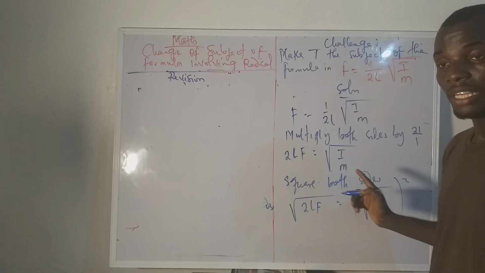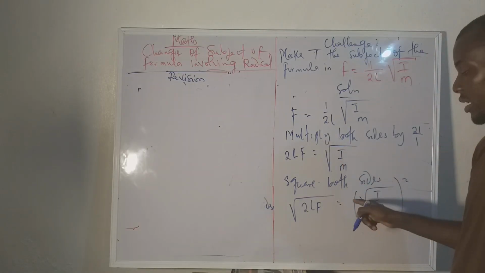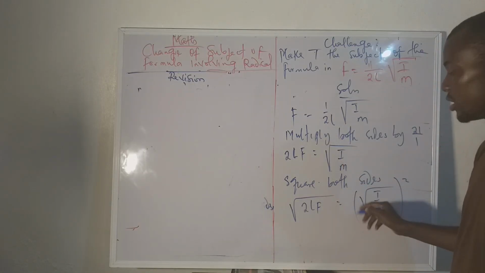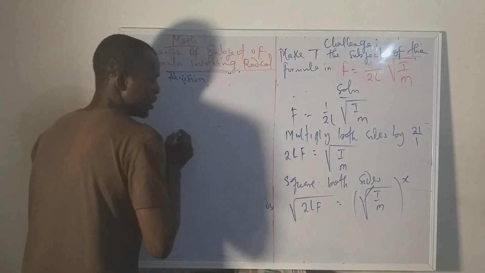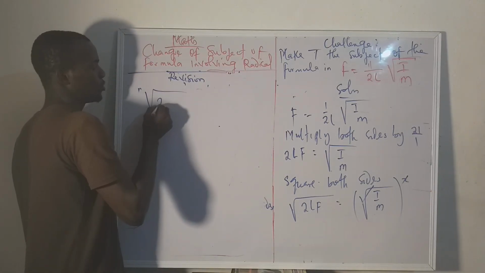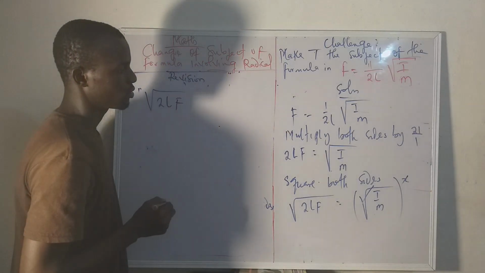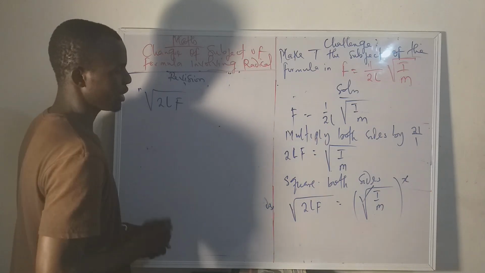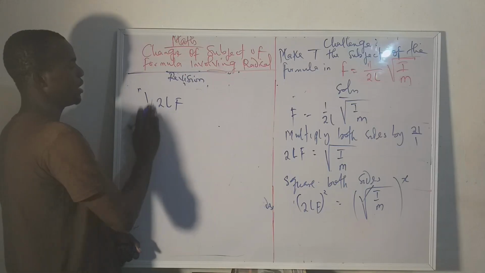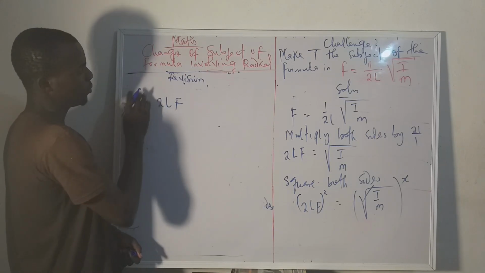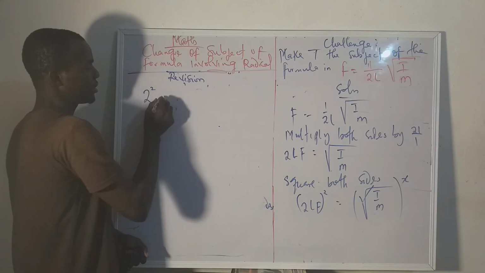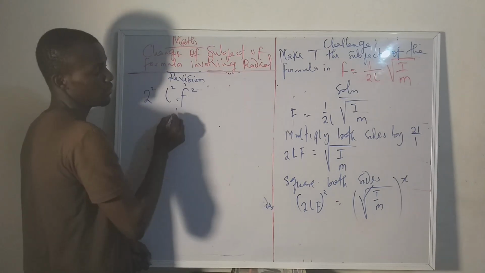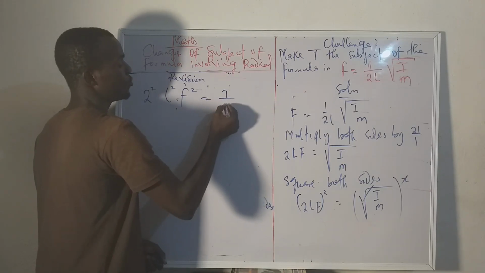If you square a particular term in a radical, the square root will simply go away with the square. When we square both sides, this one should be squared, all squared. So we have this all squared. When we square this entire thing, this is going to be 2 squared, L squared, f squared, and that will be equal to t over n.